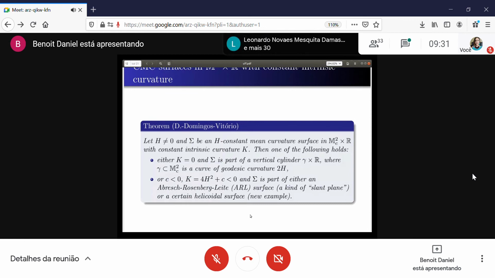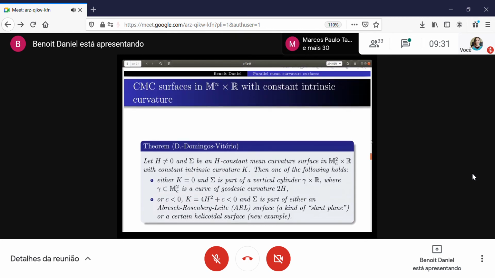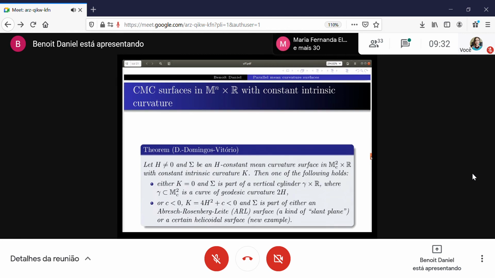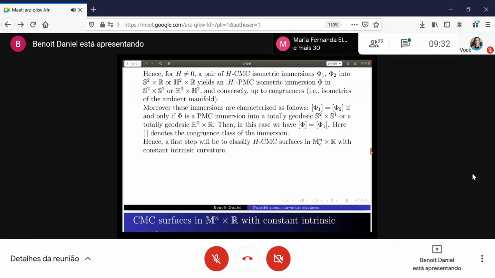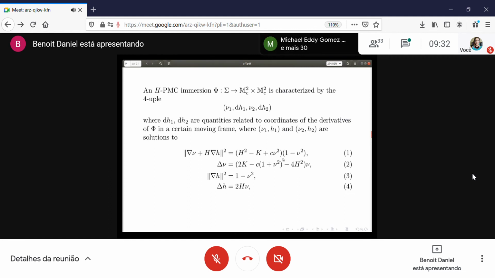So we have this classification, and one idea to get it is a study of the system of equations here. Remember that to a surface I can associate these functions nu and h. Nu is called the angle function and h is a height function.